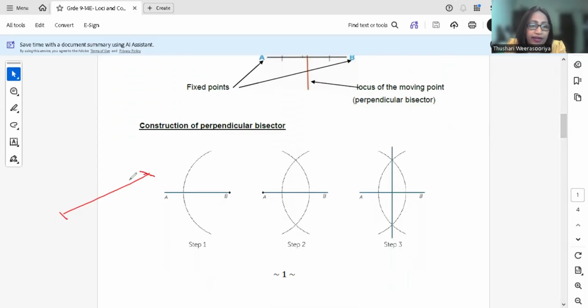Normally, you measure, and if the line is 10 centimeters, you get 5 and 5. But without measuring, it's like magic. Keep the compass point here and draw an arc, more than half. Keep the compass point at the other end and, without changing, draw again. Cut these two arcs and join them. It's not going right through the middle because I just drew it freehand, so you use the compass.